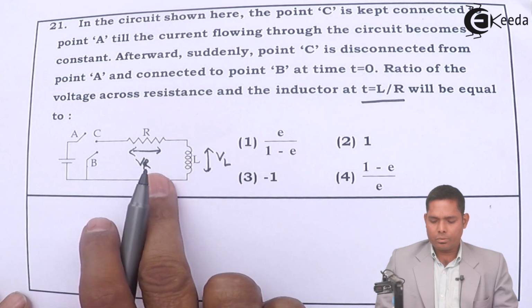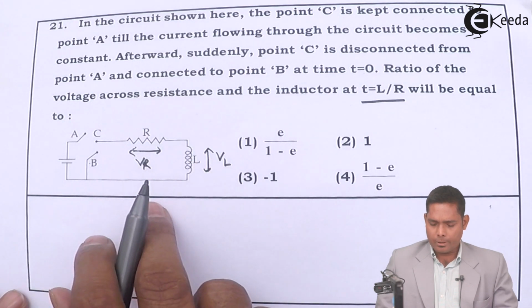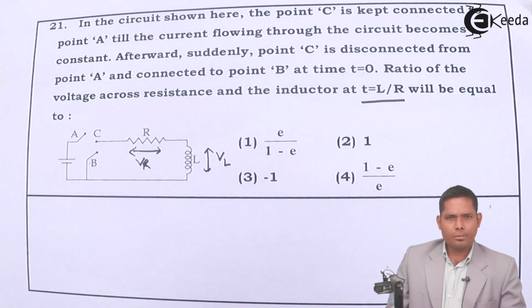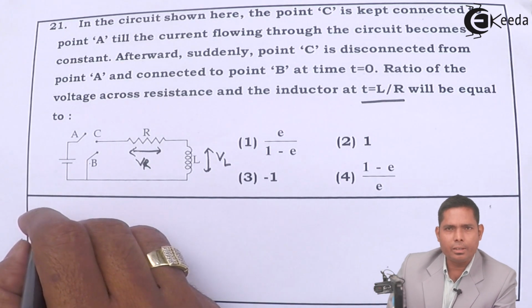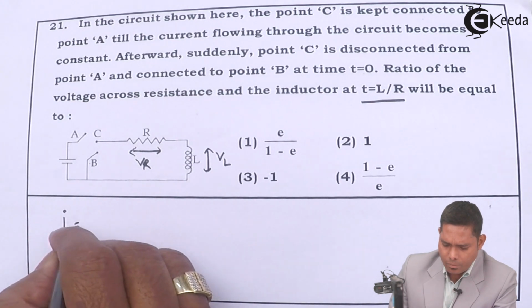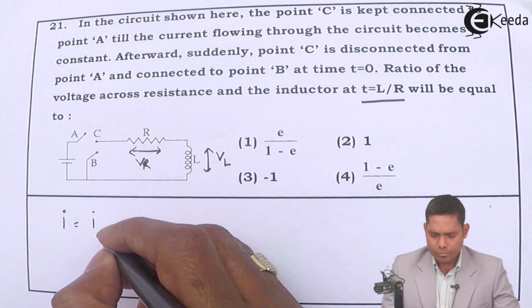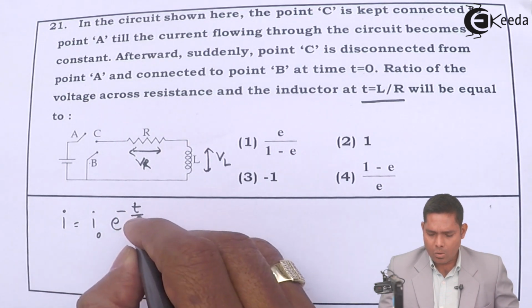Now it is the decay of current that takes place in an inductive LR circuit. So we have the expression for the decay of current in the circuit: I equals I naught e raised to minus t by tau.